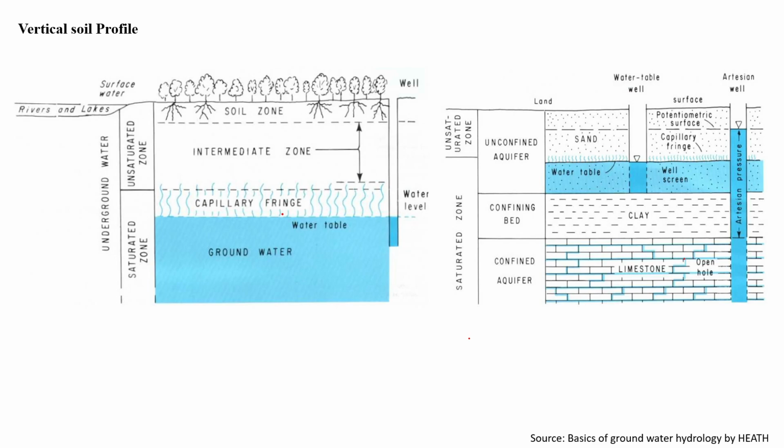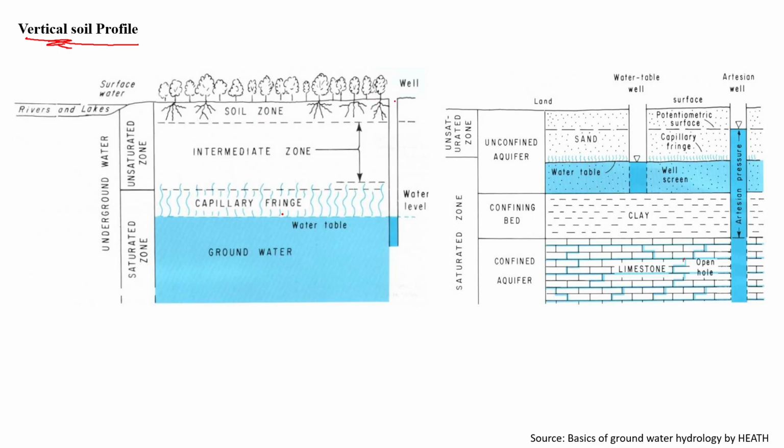Let's see how the soil profile looks. If I take a cross section of the soil, it may typically have this kind of structure. These are the plants which have roots, and the roots extend to the root zone.